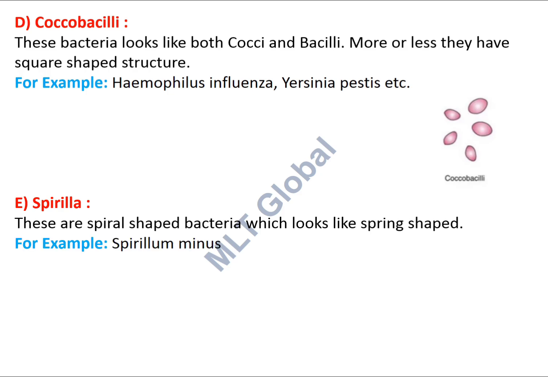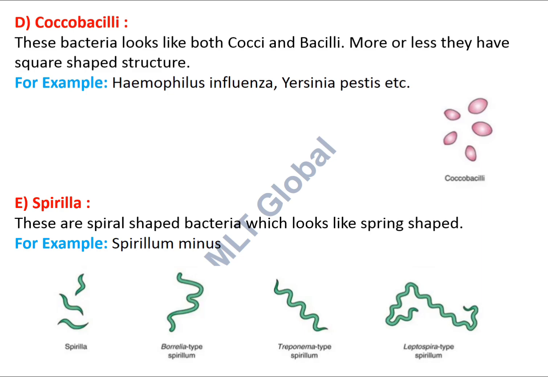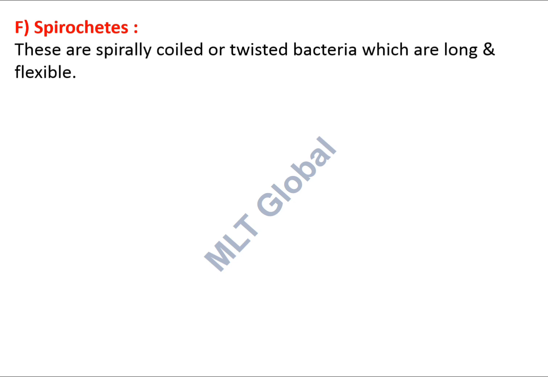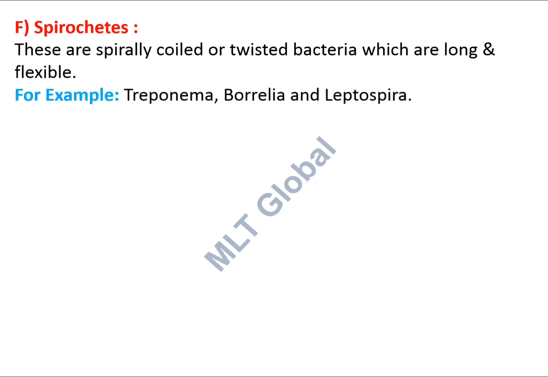For example, Spirillum minus. F. Spirochaetes. These are spirally coiled or twisted bacteria which are long and flexible. For example, Treponema, Borrelia and Leptospira.